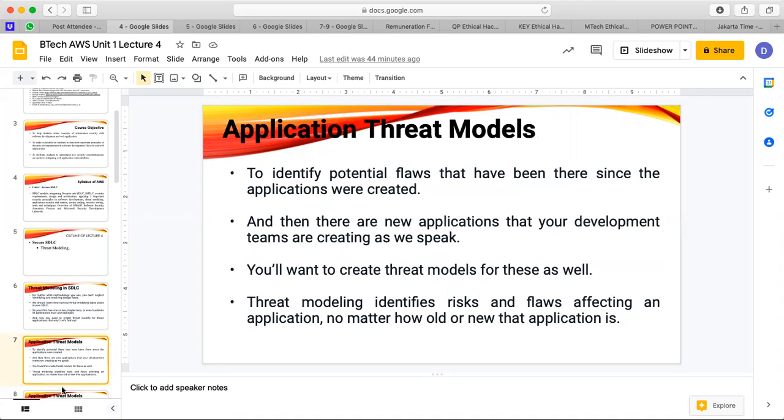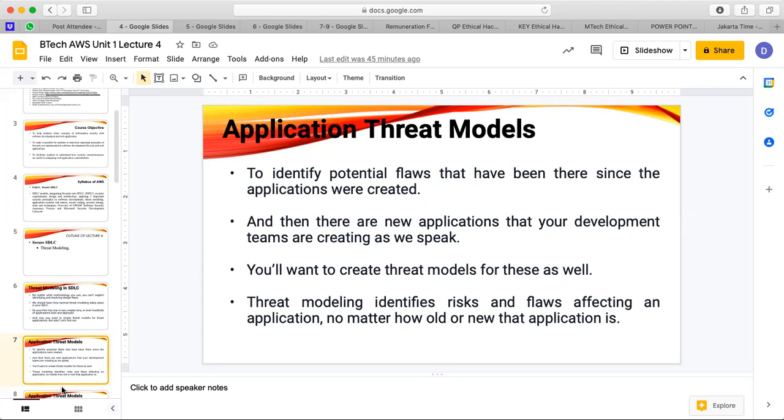In order to discuss complete threat modeling, we should start with application threat models. In application threat models, we identify potential flaws that have been there since the applications were created. And then there are new applications that your development teams are creating as we speak. You will want to create threat models for these as well.